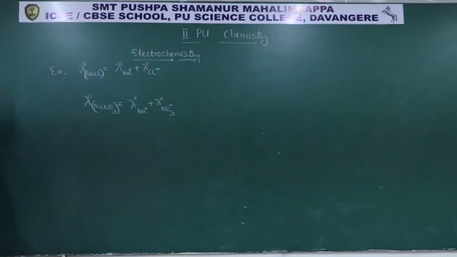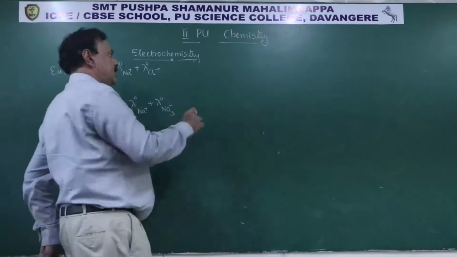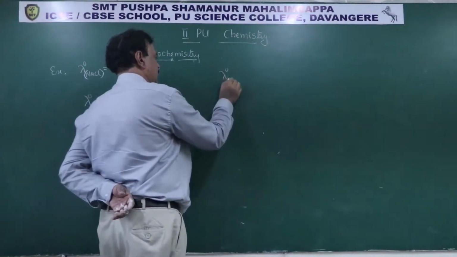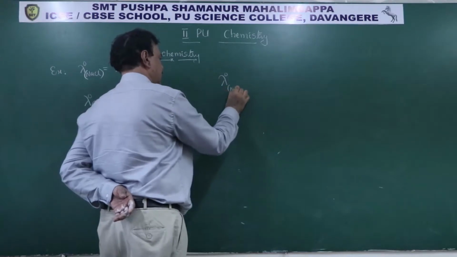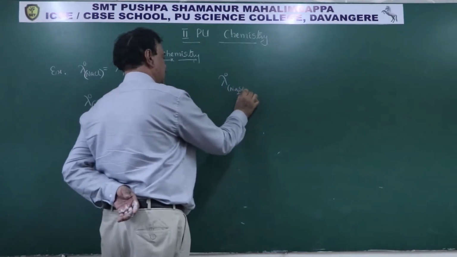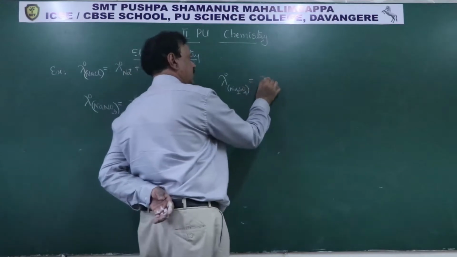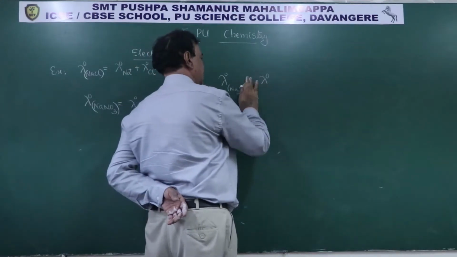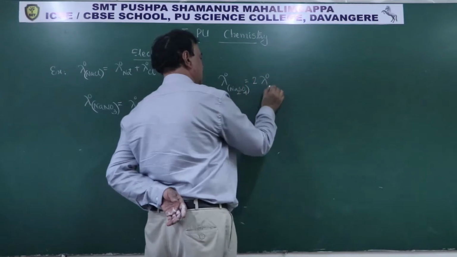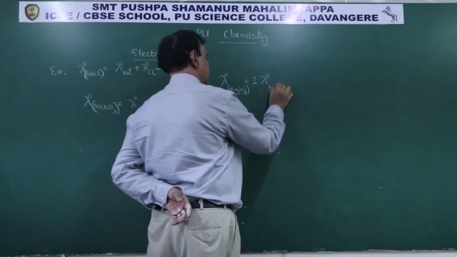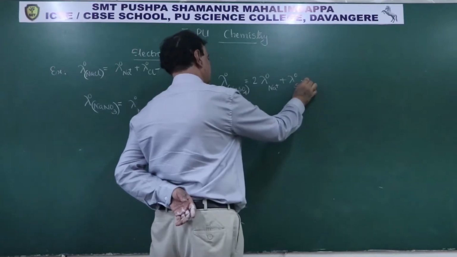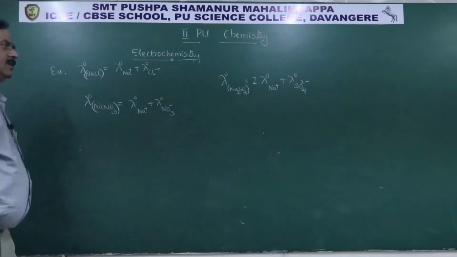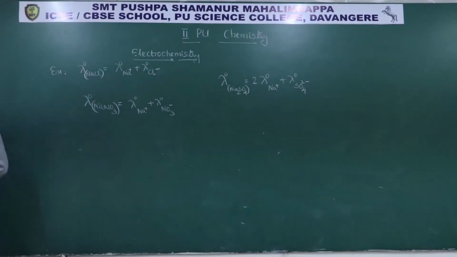Lambda naught of Na2SO4 is equal to 2 times lambda naught of Na plus plus lambda naught of SO4 2 minus.